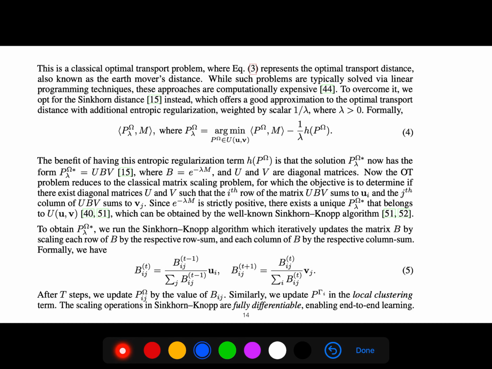To overcome it, we opt for the Sinkhorn distance, which offers a good approximation to the optimal transport distance with additional entropic regularization. The benefit of this entropic regularization term is that the solution now has a simple form, UBV. So these are the details of the Sinkhorn algorithm.